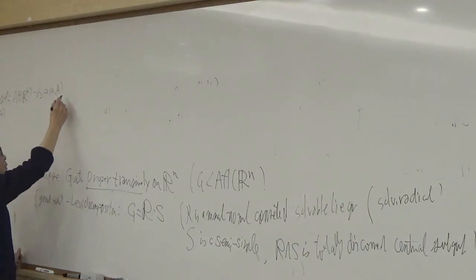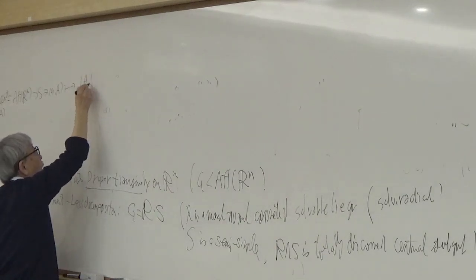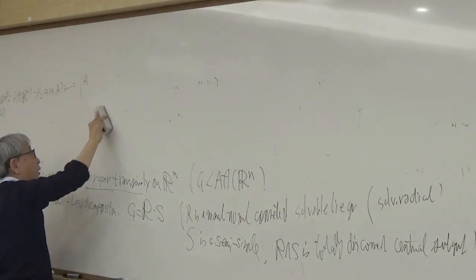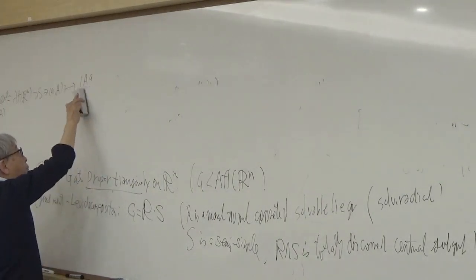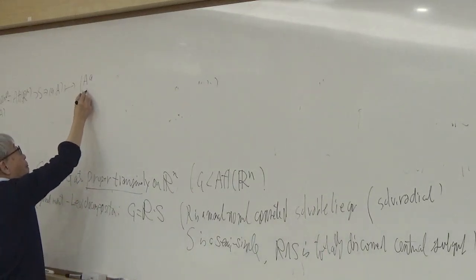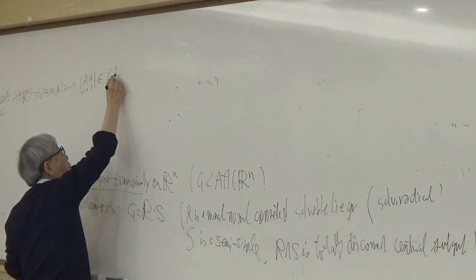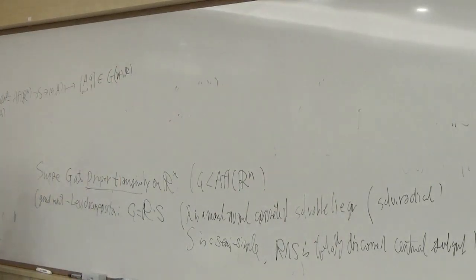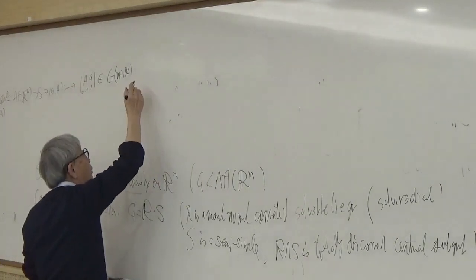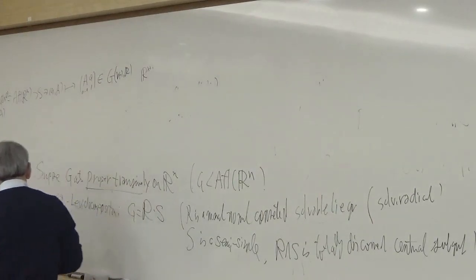And then this embeds one dimension up, like this matrix with blocks A, a, and 0, 0, 0, 1, belonging to GL(n+1, R). Then, of course, GL(n+1, R) acts on R^(n+1) linearly.